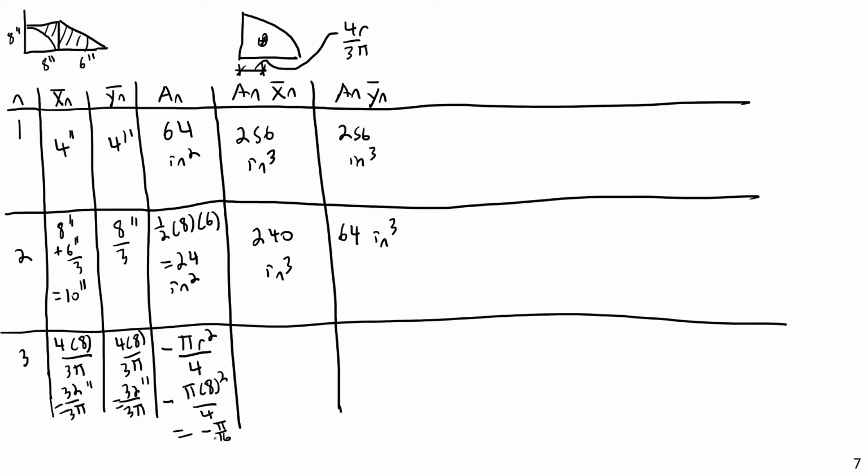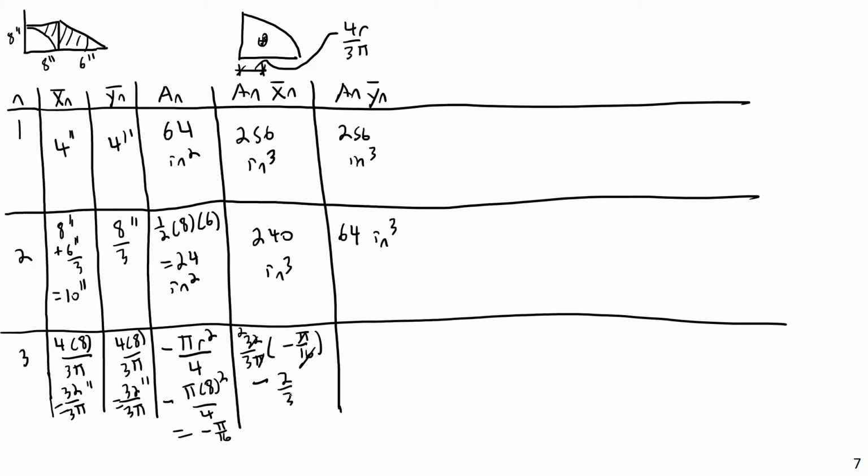And then let's see, this would be all sorts of fun. 32 over 3 pi times negative pi over 16. So first the pi cancels out, and that becomes 2. So that would just be, if I'm mathing this correctly, negative 2/3.